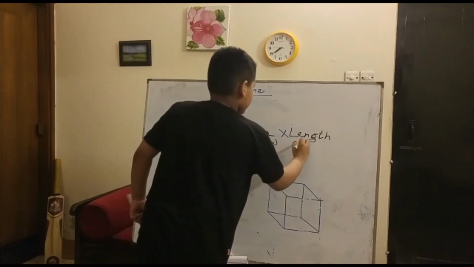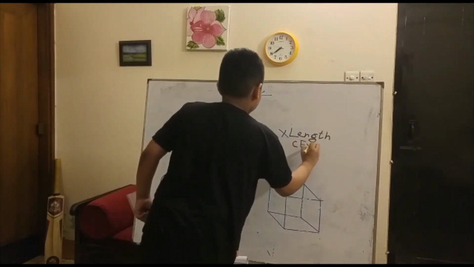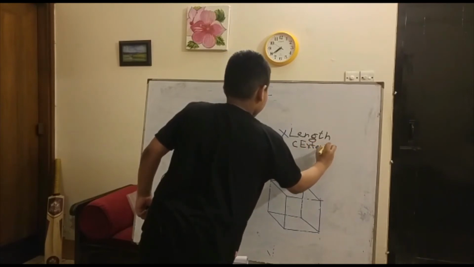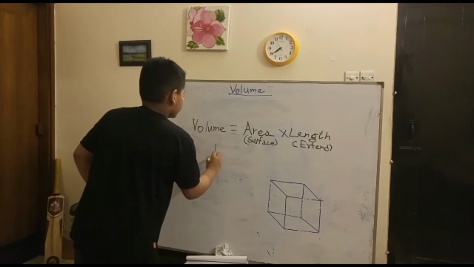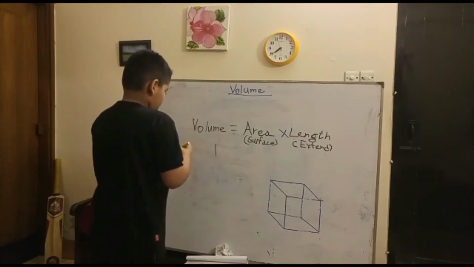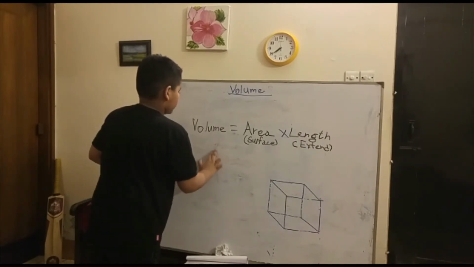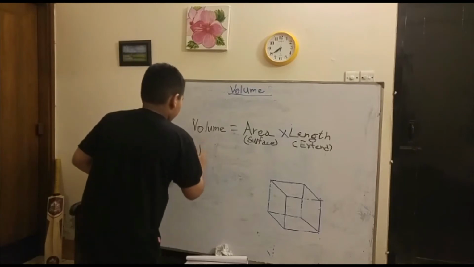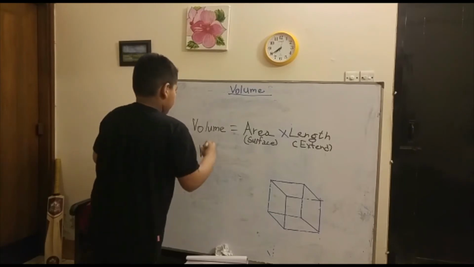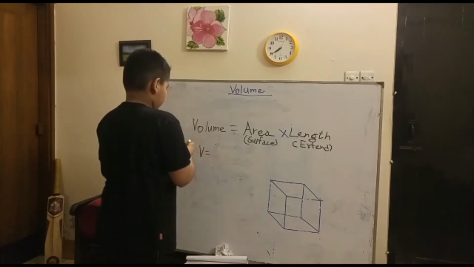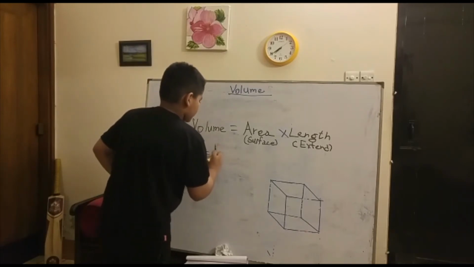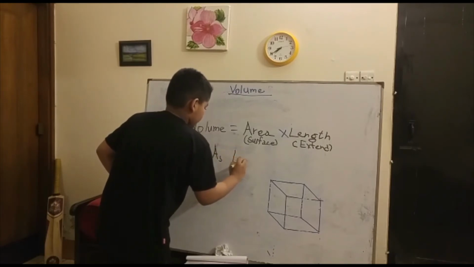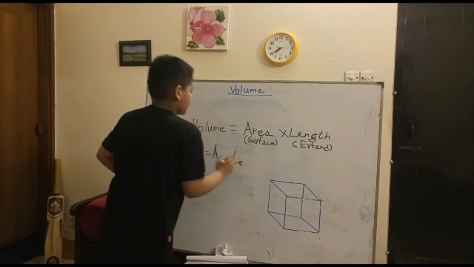The length is how much we extend it. And we like to write things in short form. So this can also be noted like this: volume equals area of the surface, if you want a reminder, times the length that is being extended.